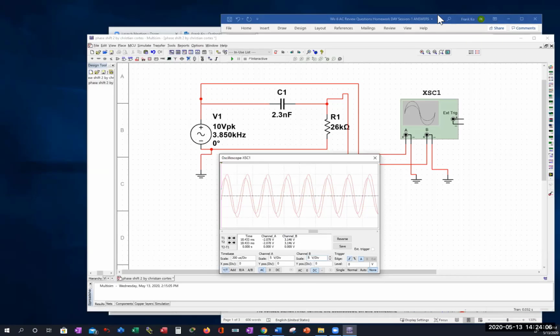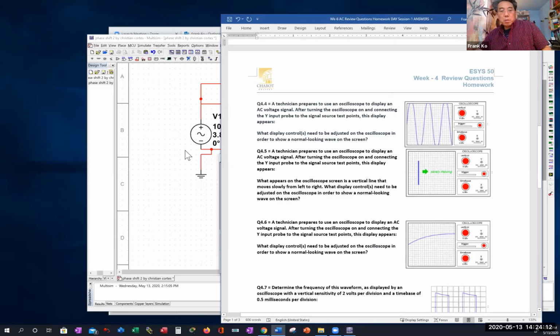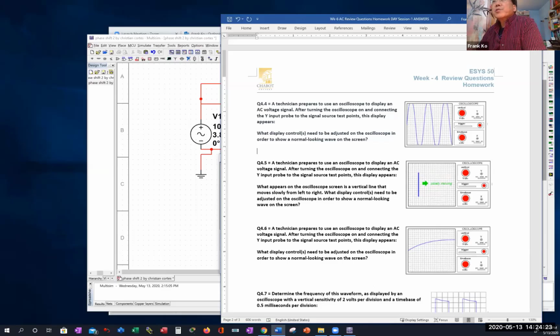Okay, cool. All right. So now let's go ahead and take a look at this next one. Control save. Okay, so now we're going to answer this question. The question says, a technician prepares to use an oscilloscope to display an AC voltage signal.